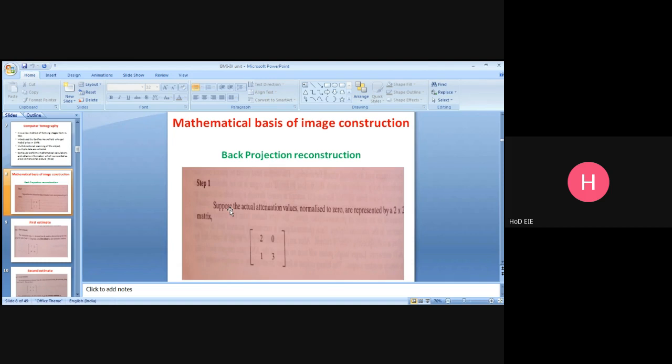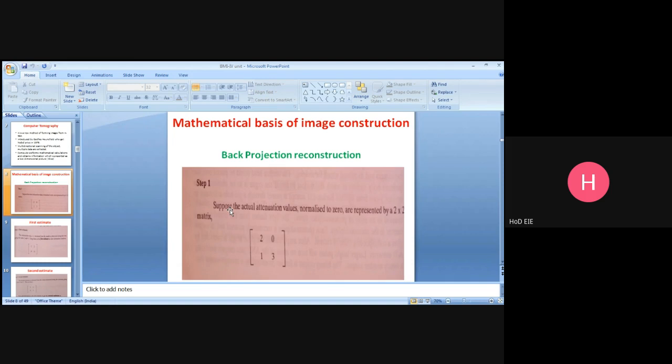It solves higher order matrices, almost a 2 cross 2 matrix. That will be taken into account, and we'll see one by one the manner involved in the analysis of the mathematical calculations.